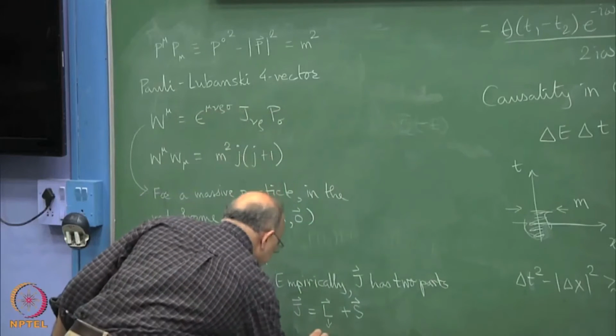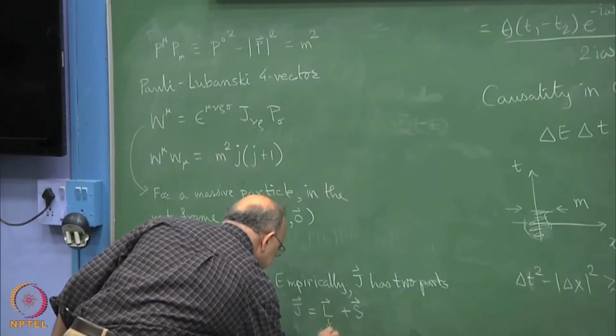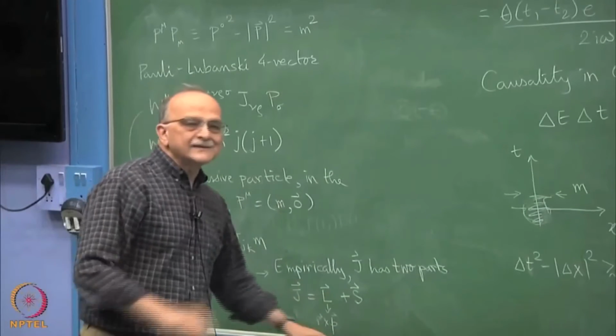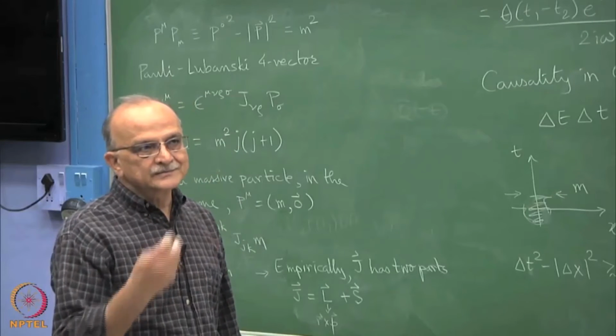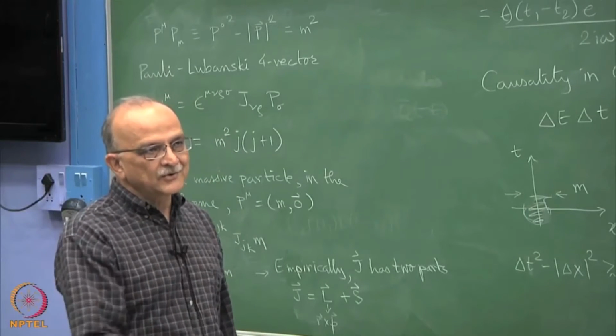So L is of course constructed as R cross P, but this S cannot be constructed from any canonical variable. You have to take it on face value. You have to put it out of your pocket.